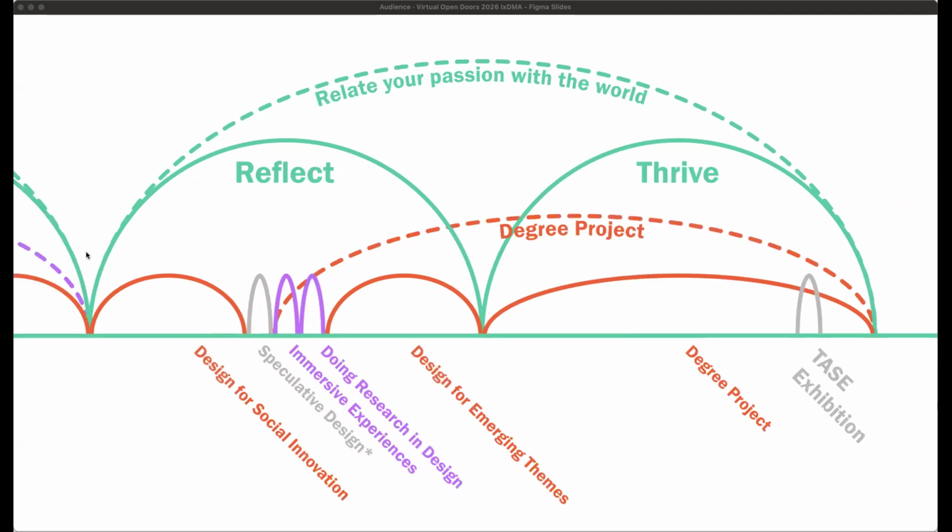And then in the second year, there are 2 semesters called Reflect and Thrive. During the Reflect semester, we will be working with problems such as social innovation, designing for emerging themes. Recently the emerging theme has been AI, but it also has been climate change. It has also been about geopolitics in Europe. So the topics change.